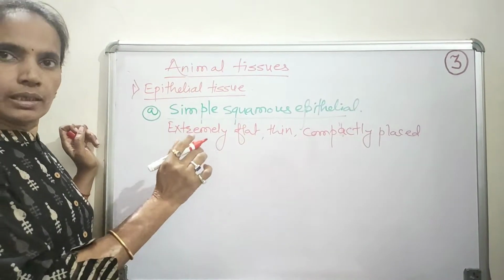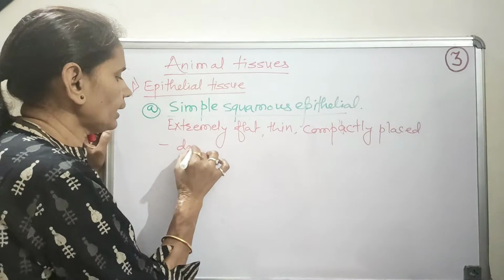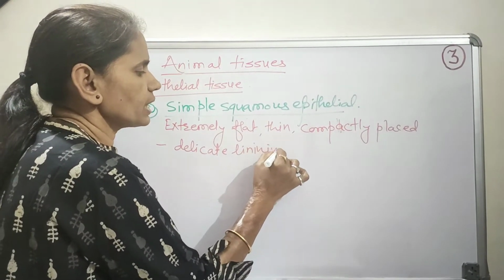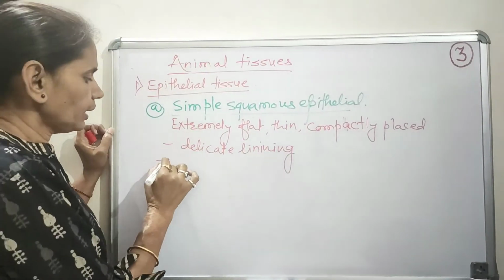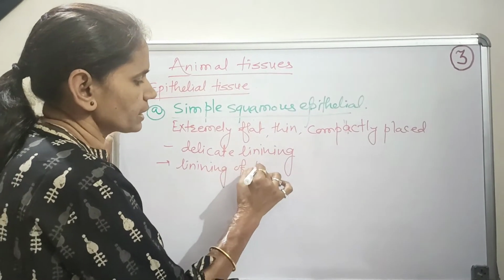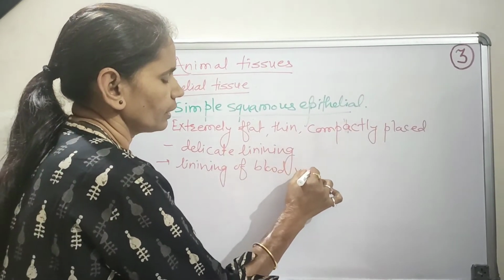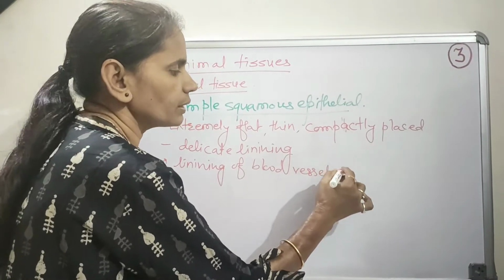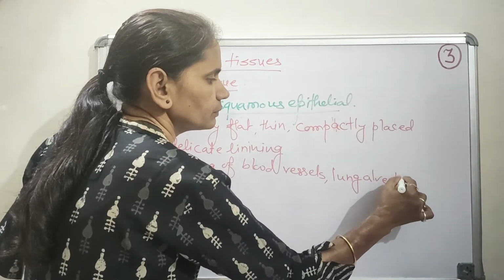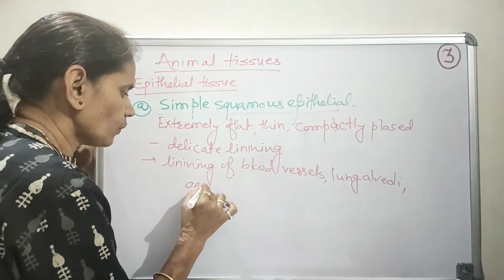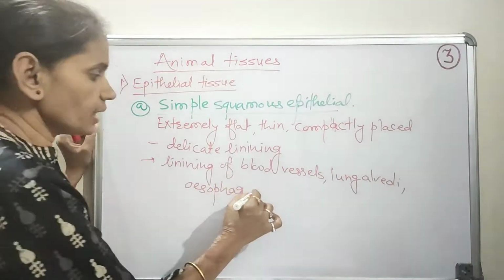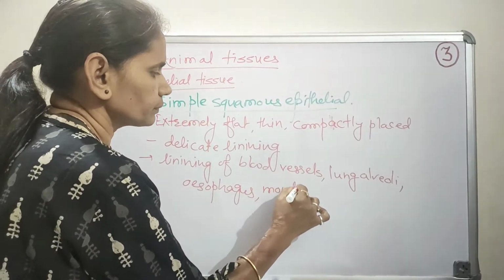Because of this arrangement, they form a delicate lining. Now where are these tissues or cells present? These are present in the lining of blood vessels, then the lung alveoli, then the lining of esophagus, etc., as well as the lining of the mouth.